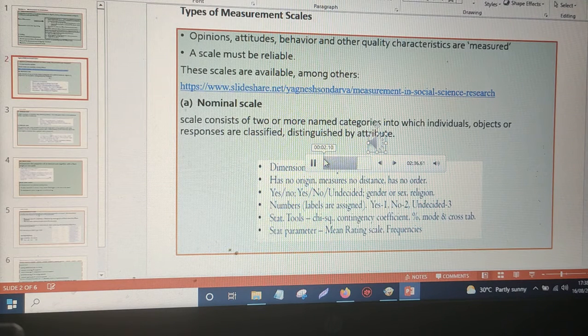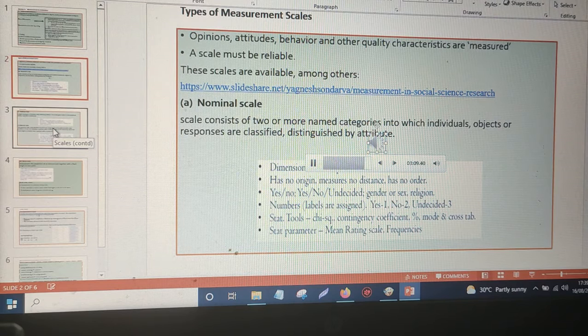Then the statistical tools that you use majorly are chi-square, statistical tools that don't have any concern for real numbers. Contingency coefficient, percentage, mode, crosstab. And statistical parameters are usually mean rating scales and frequencies, because the figures you got are labels, they are not real numbers.